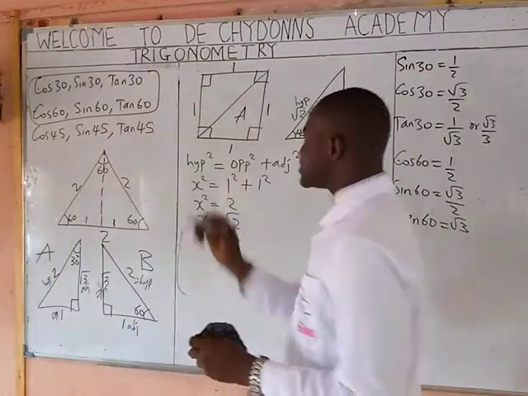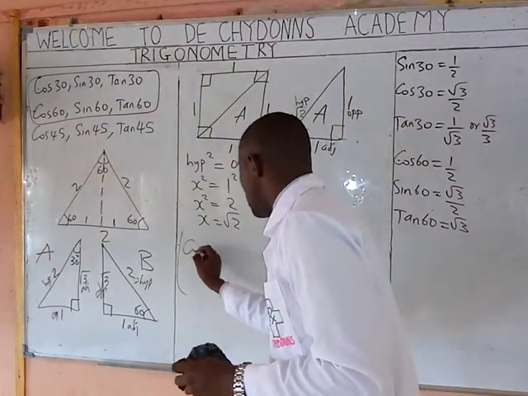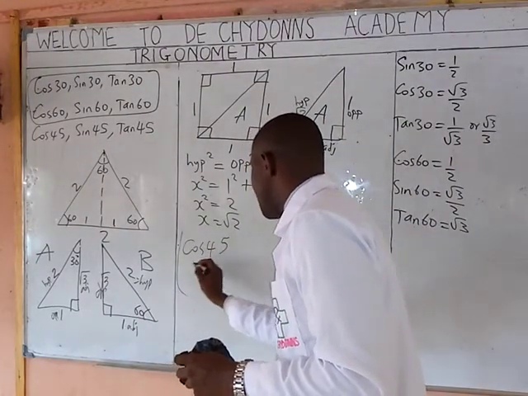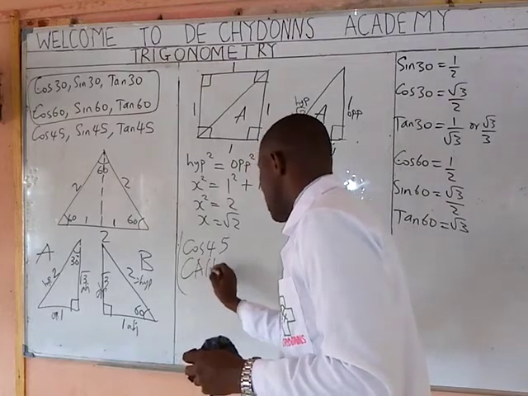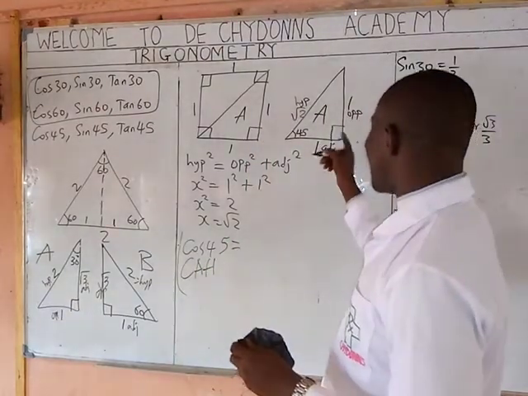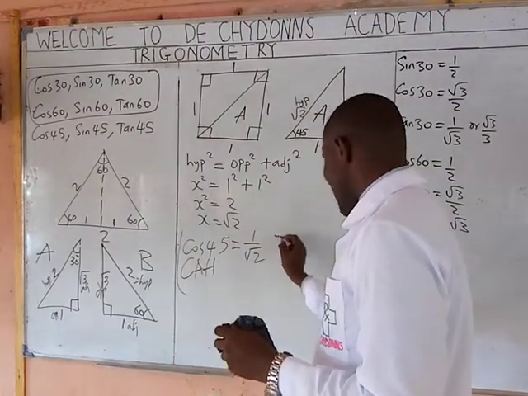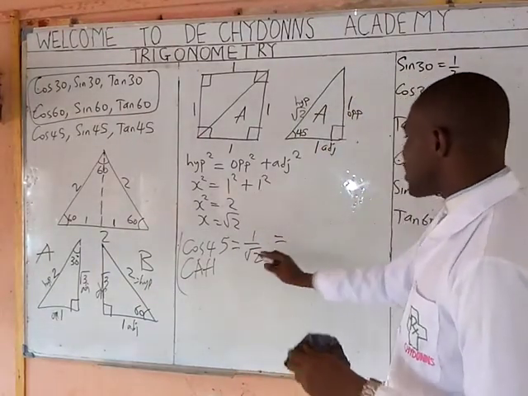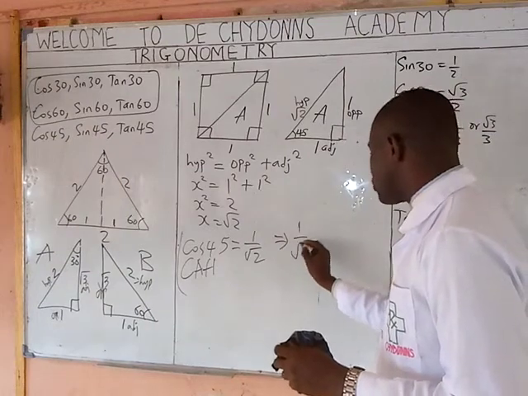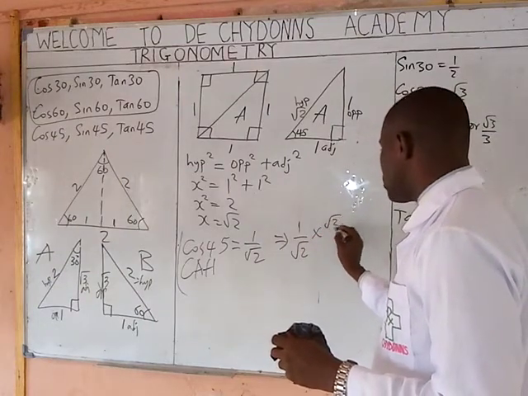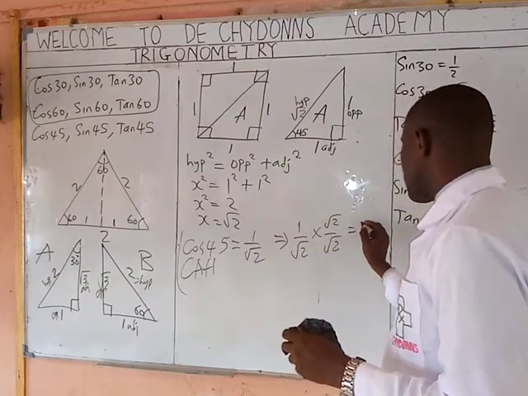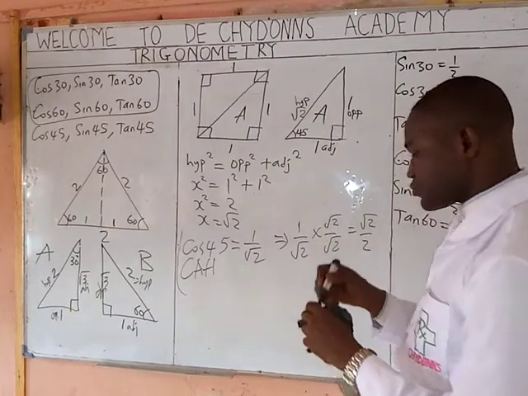Then cos 45 is adjacent over hypotenuse. What is my adjacent? 1. What is the hypotenuse? Root 2. When you rationalize, you get 1 over root 2 times root 2 over root 2, which gives root 2 over 2.